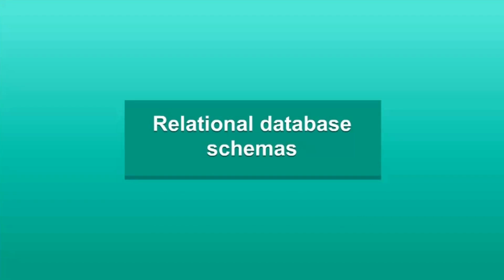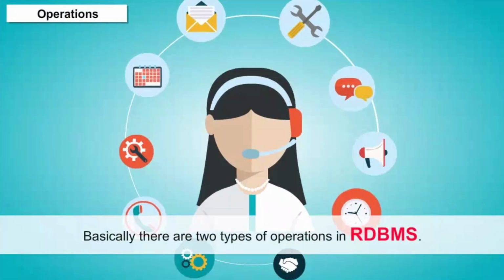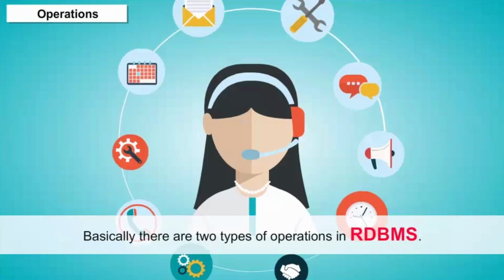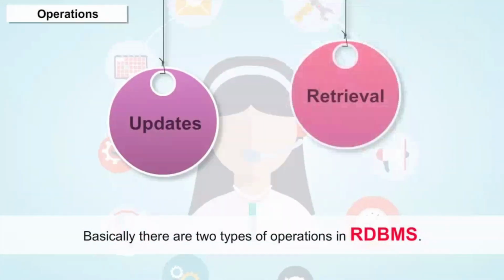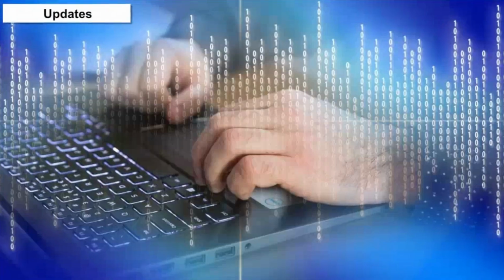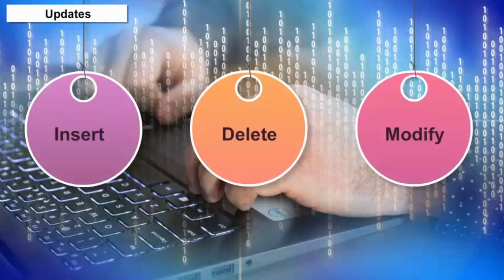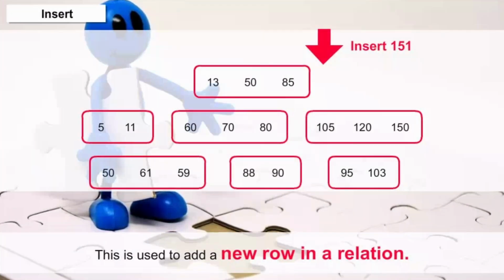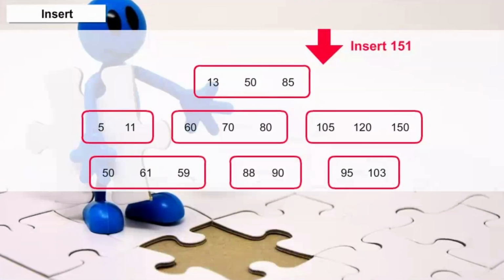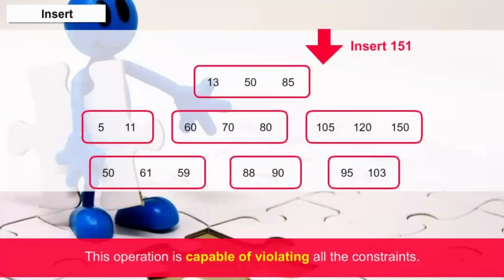Relational database schemas. Operations. Basically, there are 2 types of operations in RDBMS: updates and retrieval. Updates. There are 3 types of updates given below. 1. Insert. This is used to add a new row in a relation. This operation is capable of violating all constraints. 2.